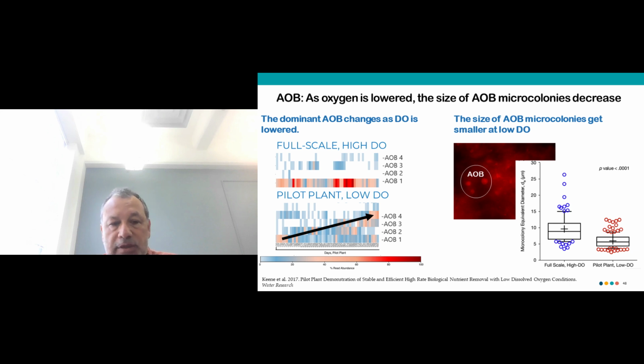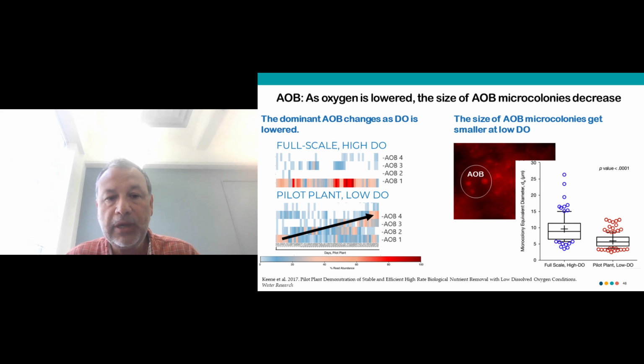In the pilot plant that was subjected to low DO, compared to the high DO full scale plant, there is an accumulation of a different group of ammonia oxidizing bacteria. Again, those are Nitrosomonas oligotropha. One of the things you see on the right-hand side here is an analysis of the colonies that are formed.